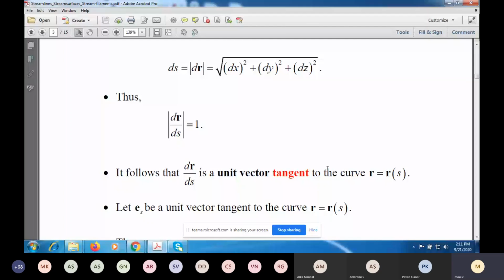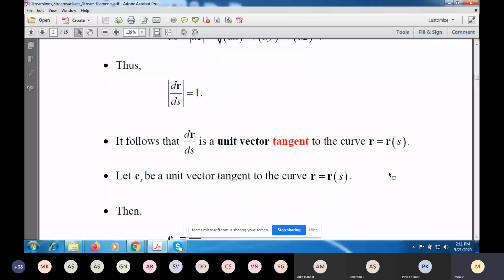Of course. So here maybe to emphasize, I'll add another phrase here: where s is not any arbitrary parameter but the arc length. So there are two keywords here. One is that dr/ds is a unit vector. Okay, I put that in bold here. Okay, and I put this tangent in bold but in red also. Okay. Now let E subscript S be a unit vector tangent to the curve r equal to r(s).